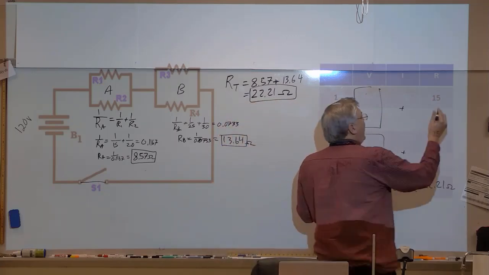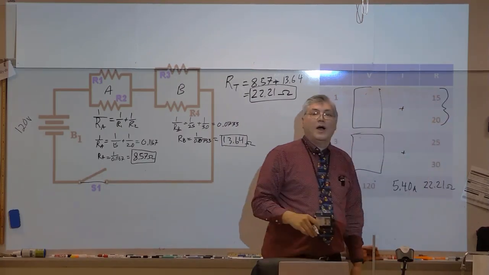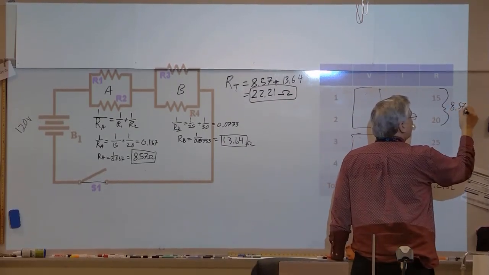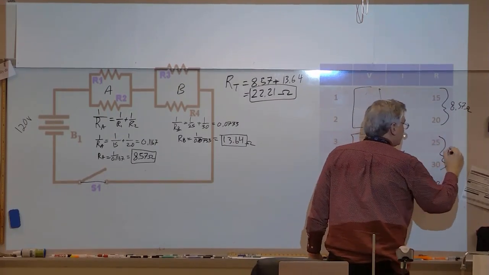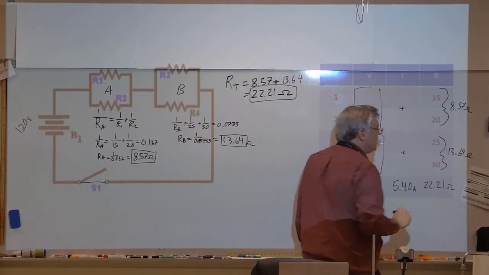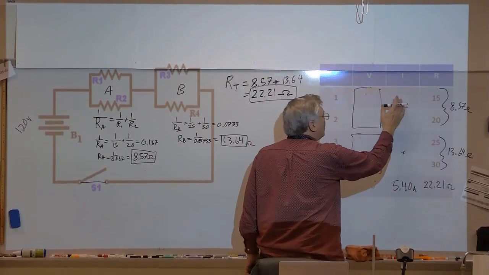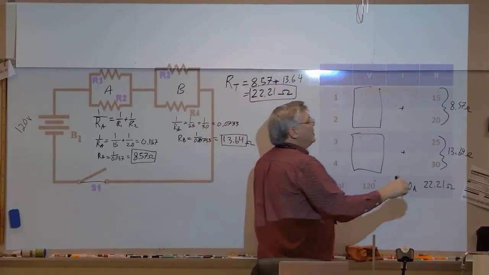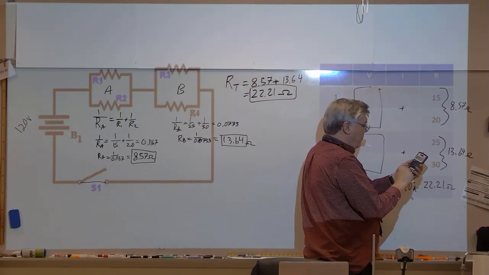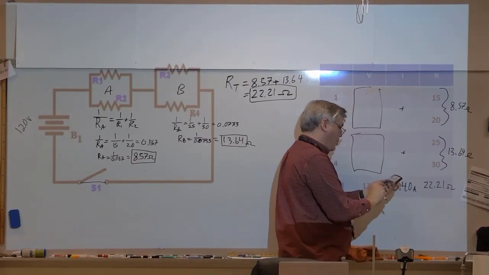But let's look at these voltages. I know that this resistance is 8.57 ohms. And I know that this resistance is 13.64 ohms. So if I have a resistance and I have a total current, I can get a voltage. So this resistance, 8.57 times my current of 5.4.